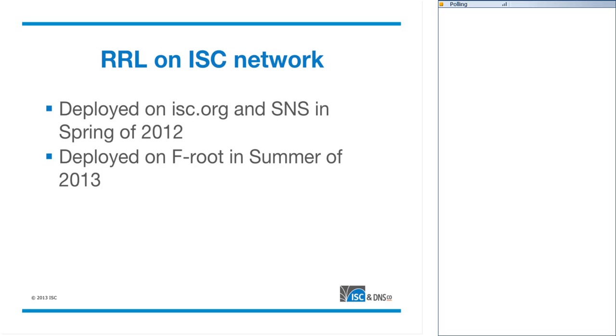Okay, excellent. It's interesting to me that it speaks to the need for RRL when we talk about people deploying this when it was still just in third-party patch form, and that as the authoritative name servers of ISC.org, you definitely saw that need.